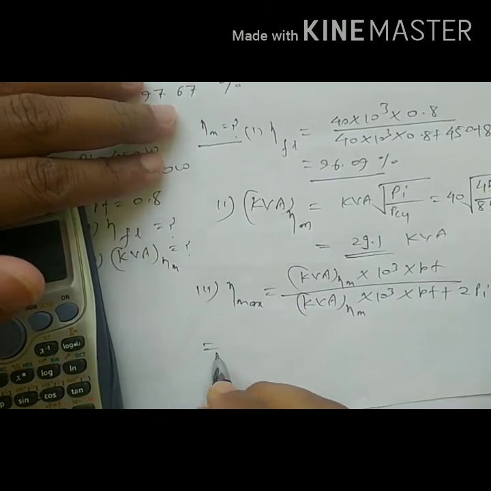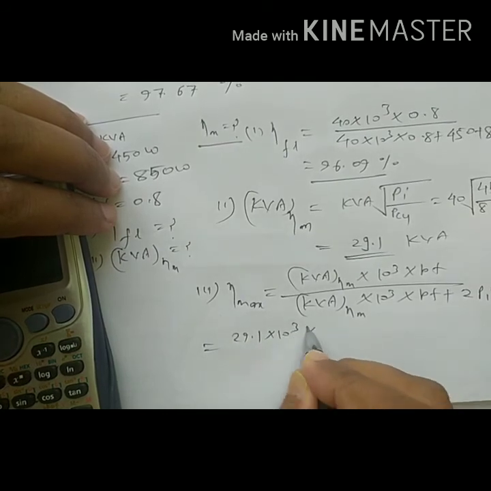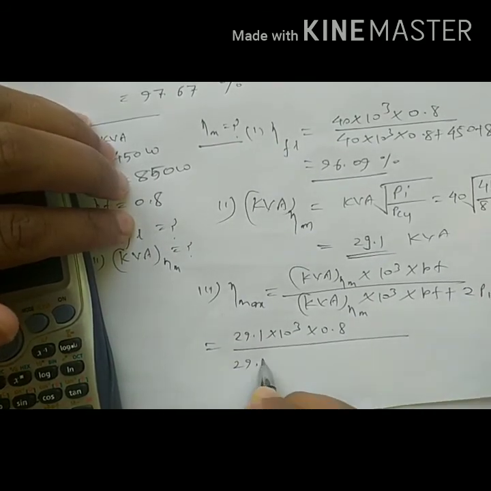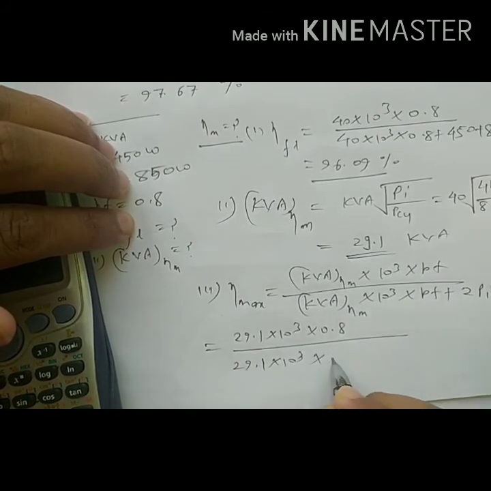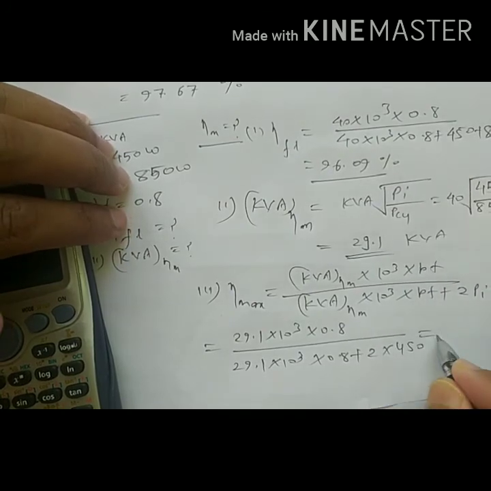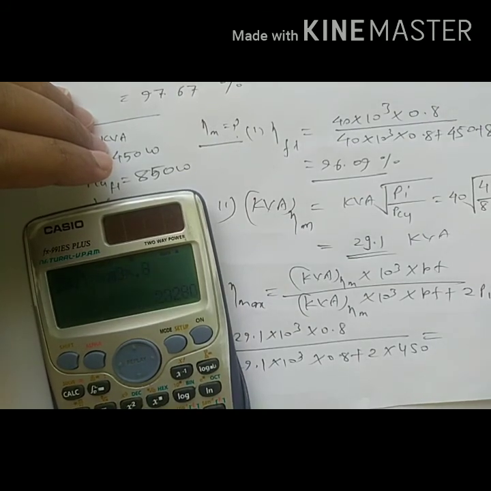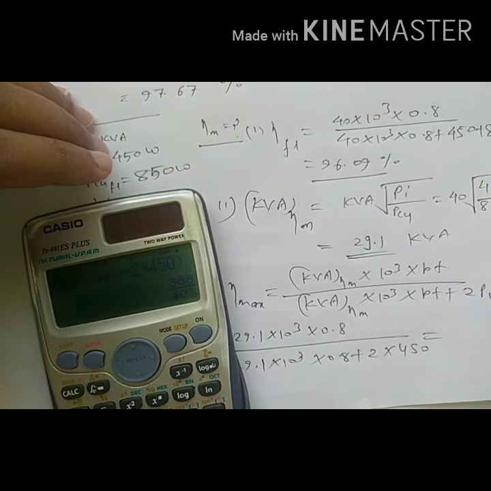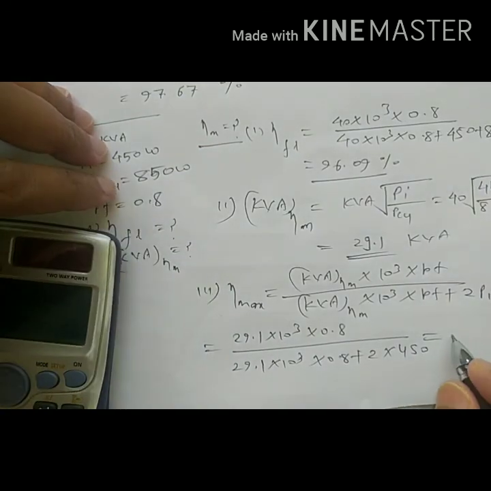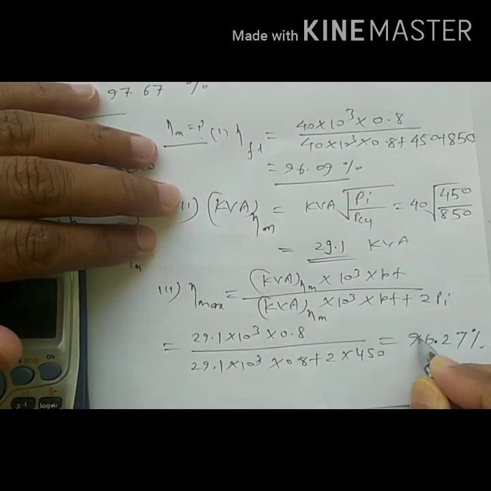Put values: 29.1 into 10 power 3, power factor is 0.8 only, divided by 29.1 into 10 power 3 into 0.8 plus 2 into iron loss, 450. So this comes as 96.27%. Right.